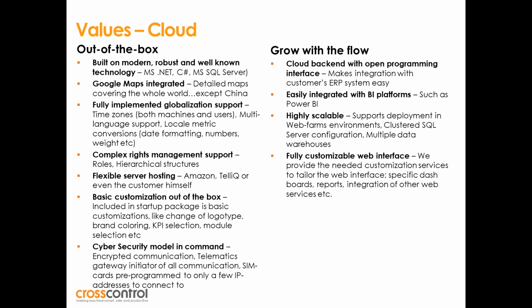So basically, we close down all the interfaces on the telematics gateway, so that no unwanted party can access the machine. We can also provide SIM cards that are pre-programmed to only 1, 2, 3, or 4 IP addresses, so that we know that they are not connecting to somewhere else.